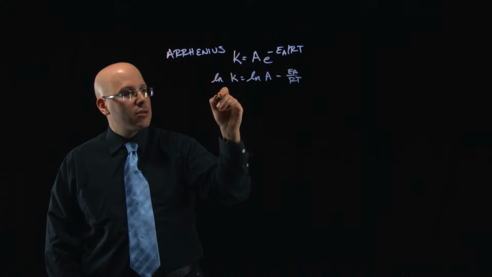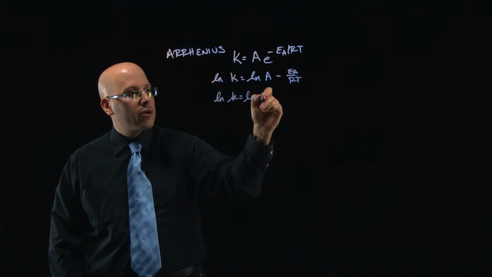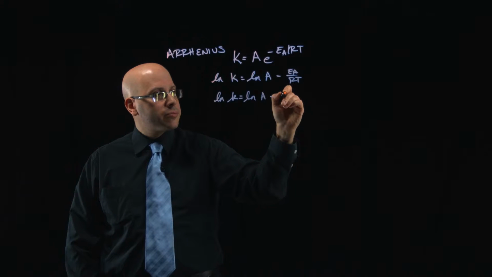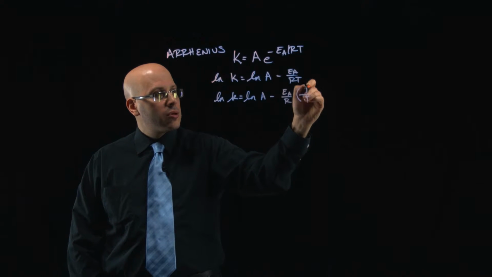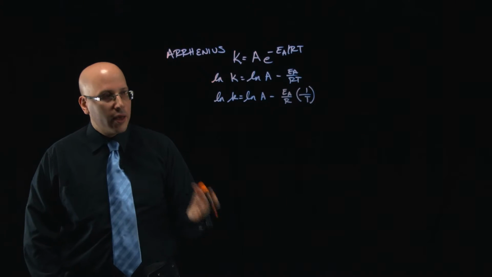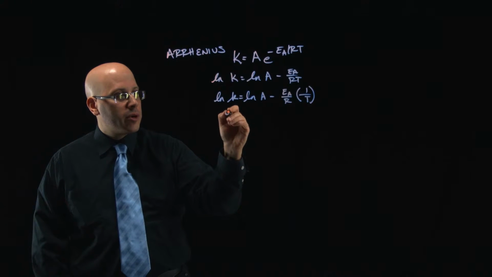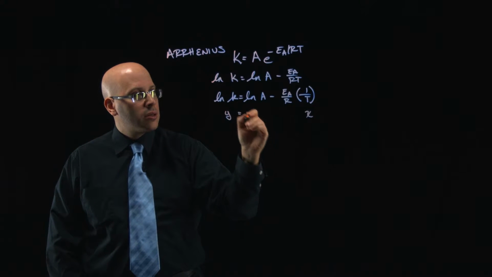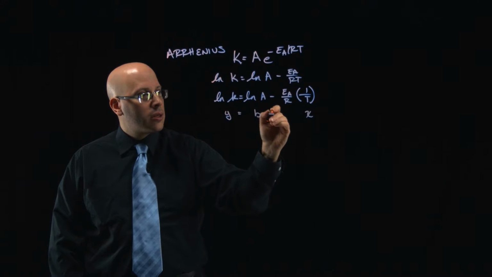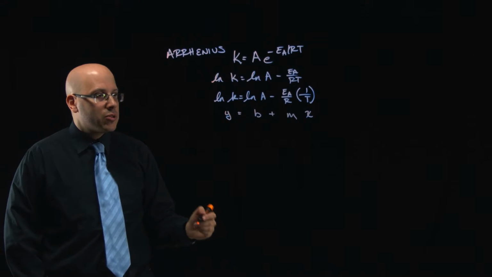And if I write this a little bit differently again, natural log of k equals natural log of A minus activation energy over R times 1 over T. And the reason I'm writing it like this is to make it look more like a straight line. So this is my y-axis, and this is my x-axis. This is starting to look like the equation of a straight line, right? y equals mx plus b.